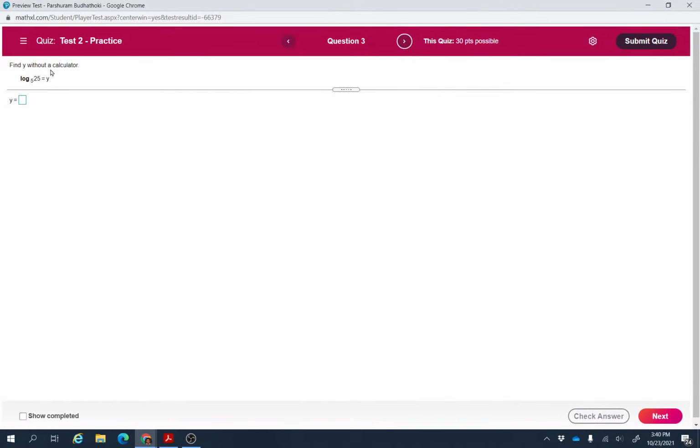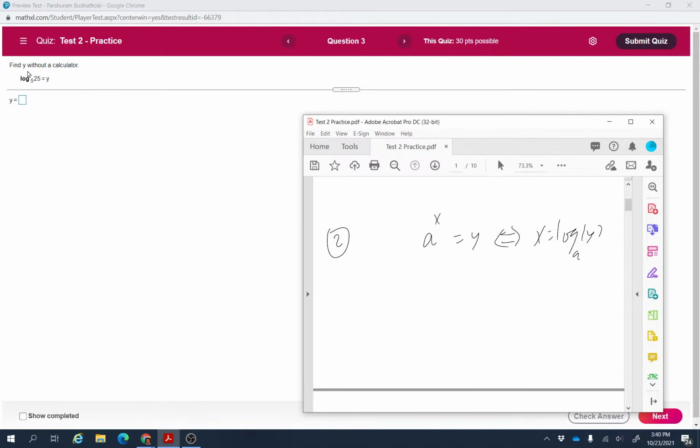Find y without a calculator, so we can use the same equivalency form. We can go from log to exponential form. If you compare this problem with this form, the base a is 5, and the value is 25.